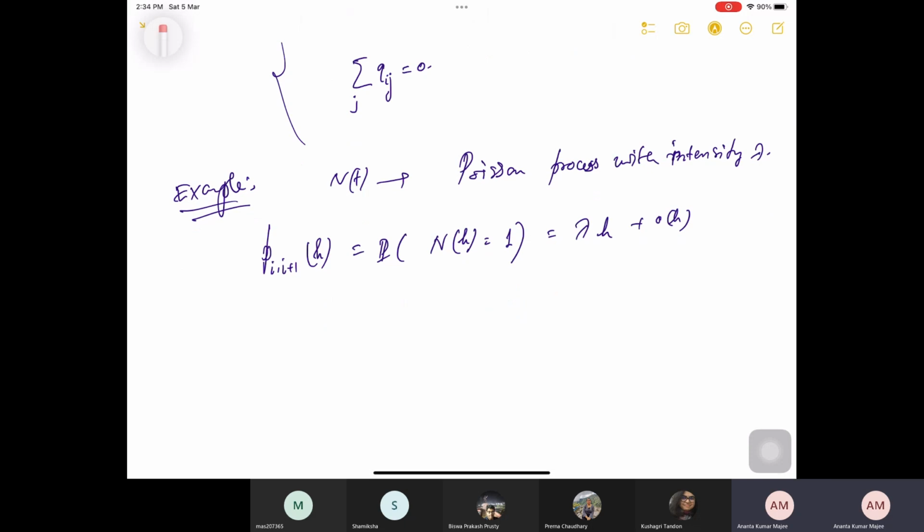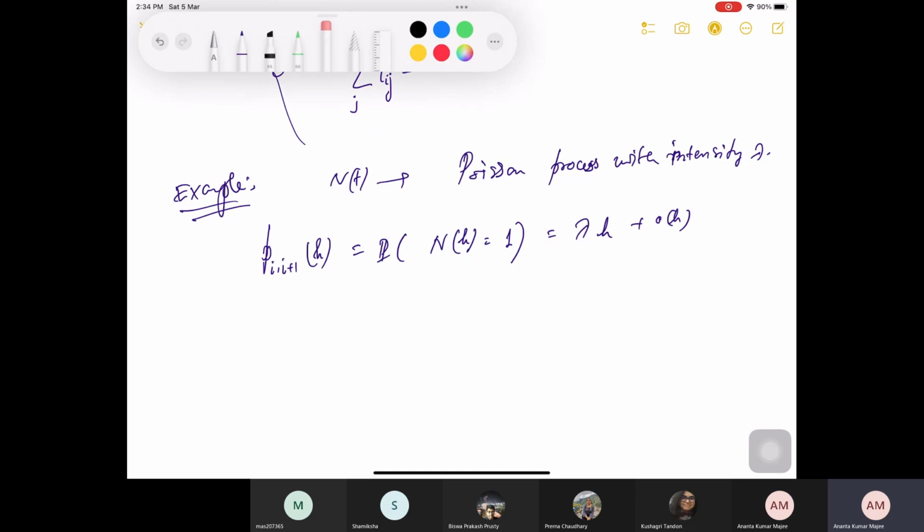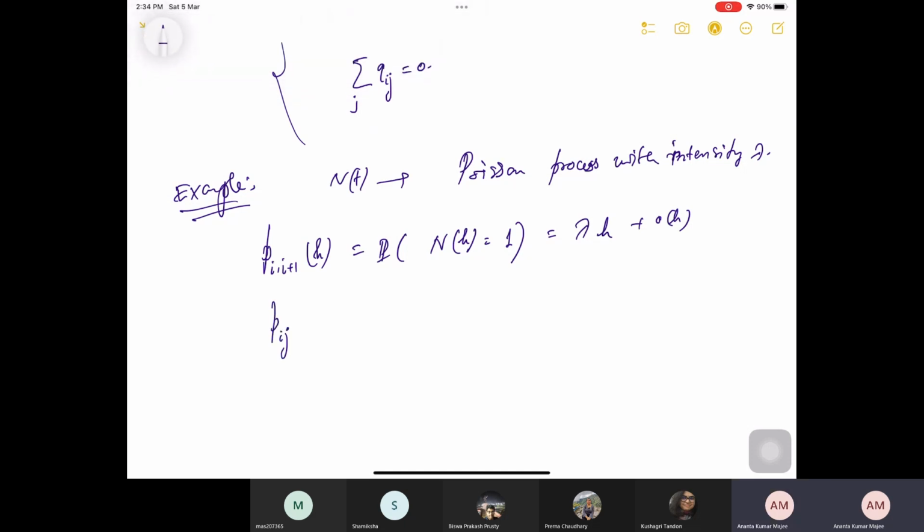And what is your Pij of h? Whenever I put it, if the infinitesimal thing is greater than 2, that means if j is not equal to i and i plus 1, then this should be small o of h, for j not equal to i plus 1.